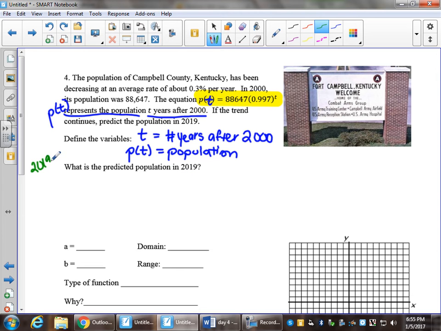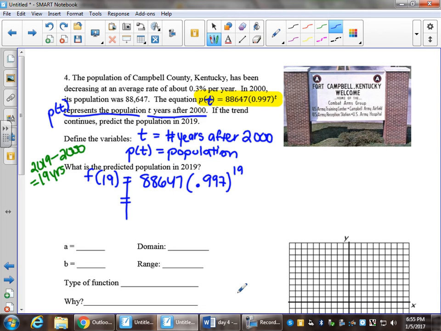So 2019 minus 2000, we get 19 years. So that's my input. We're going to calculate P of 19, and I'm going to use this model that I highlighted. So 88647 times 0.997 raised to the 19. Go ahead and enter that into your calculators. We will compare answers.